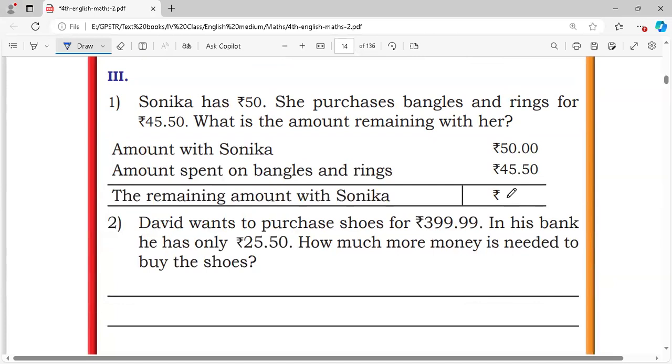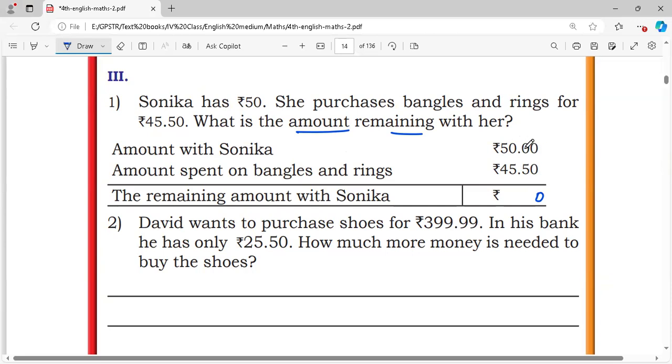Statement based problem. First one. Sonika has 50 rupees. She purchases bangles and rings for 45 rupees 50 paise. What is the amount remaining with her? Amount with Sonika 50 rupees. Amount spent on bangles and rings 45 rupees 50 paise. Just subtract. 0 minus 5 is not possible.